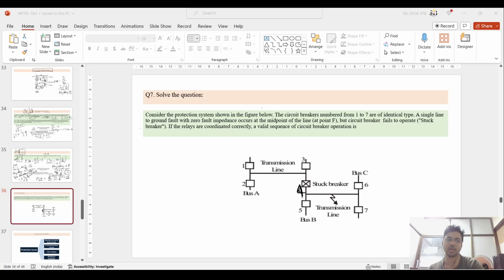You have to tell me the sequence of operation of the circuit breakers: which should operate first, second, third, fourth, like that, when the fourth circuit breaker got stuck.